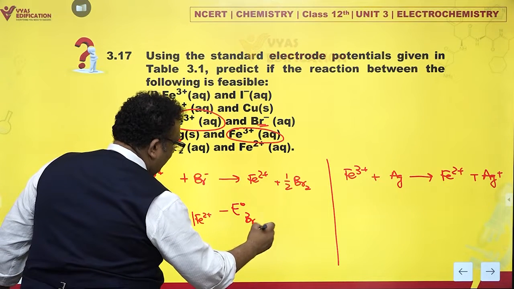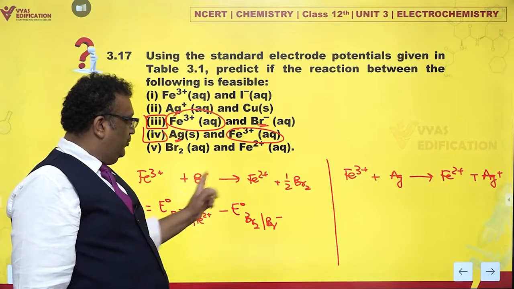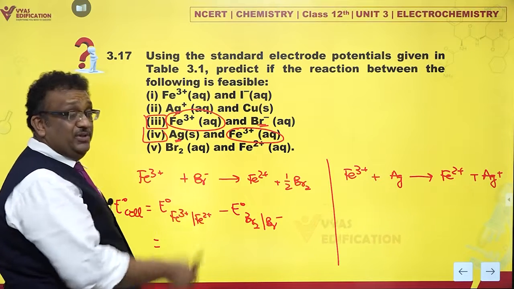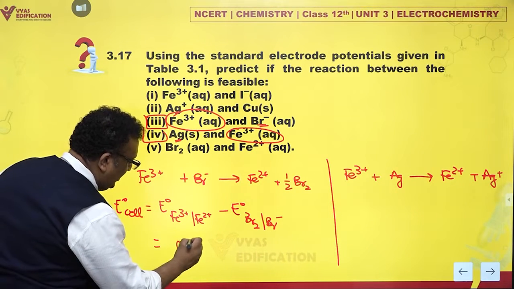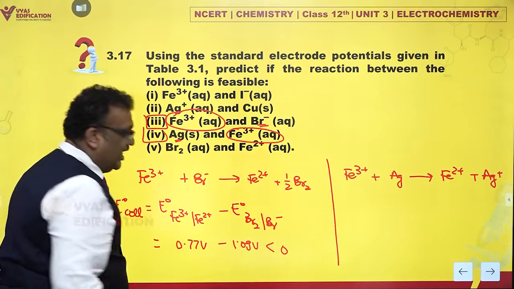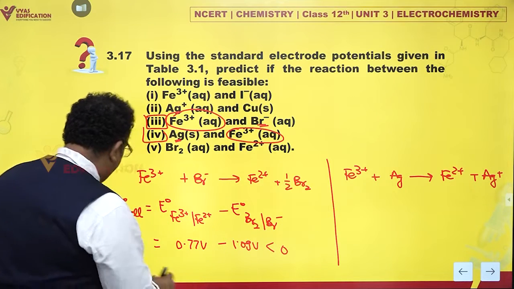Anode is where oxidation occurs, Br minus to bromine, like this. Do I have the values? From table 3.1, you could look at the values. This is 0.77 volts minus 1.09 volts. Oh my God, this is negative. Yes, it is negative. Is it feasible? No, this is not feasible.